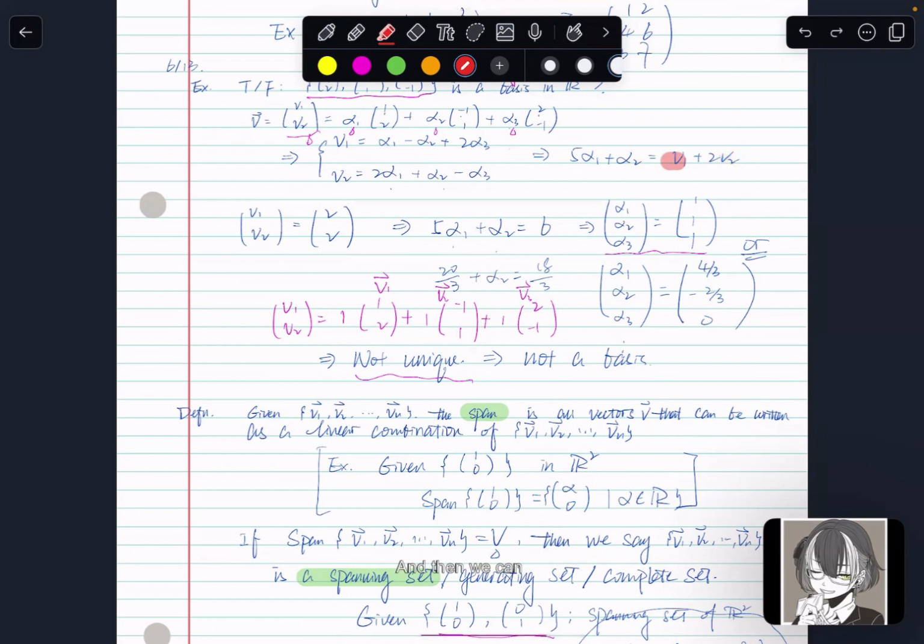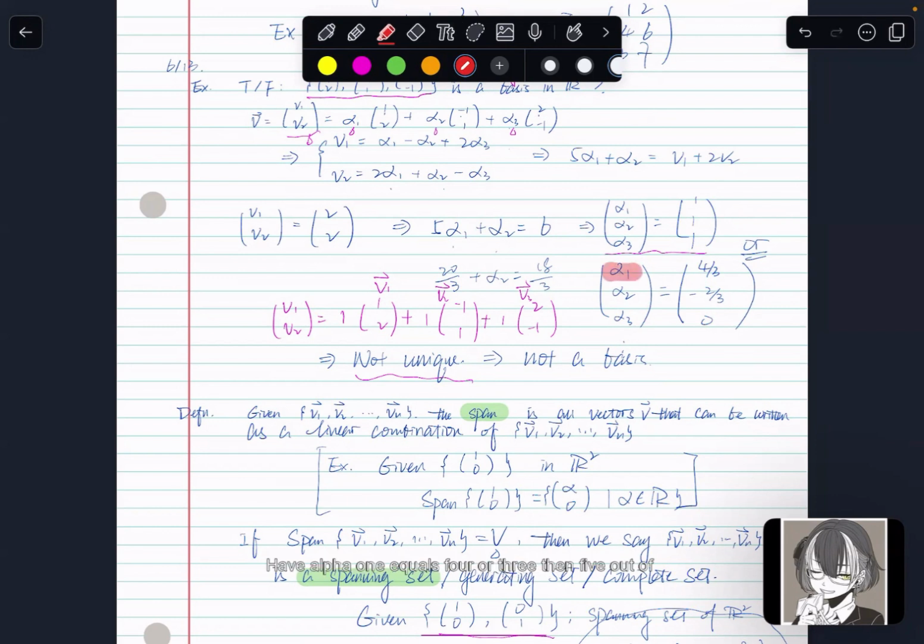Then we can end up with, for example, alpha 1 equals 1, then my alpha 2 would have to be 1 as well. And then my alpha 3 can be calculated from here. So one choice of alphas could be 1, 1, 1. But there are other choices.